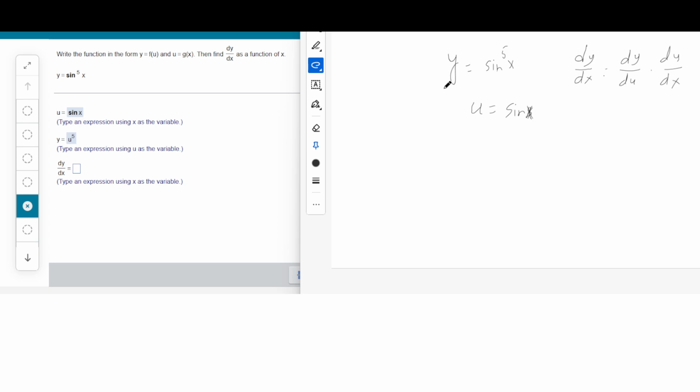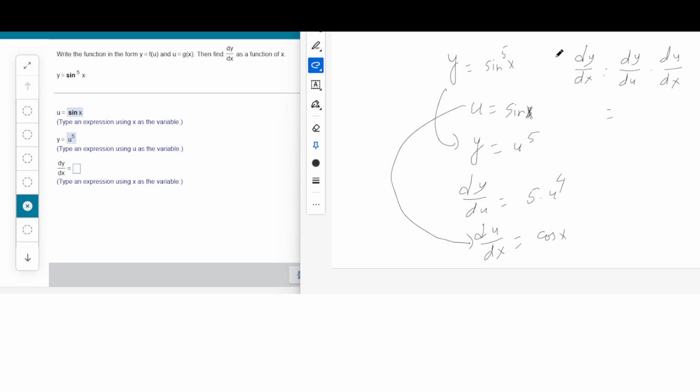In this case, because we use u as sine x, y is u to the power 5. So the derivative of y with respect to u, by using the power rule, would be 5u to the power 4, and the derivative of u with respect to x, u is this function, is cosine of x.